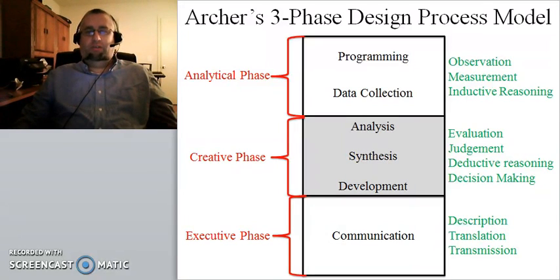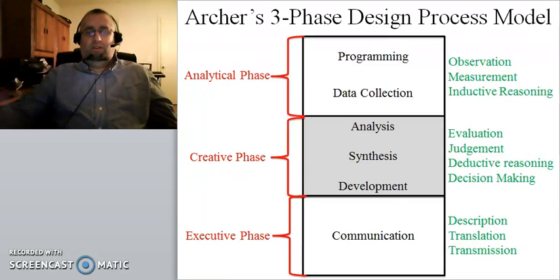This is Archer's 3-phase design process model. This one is a little bit more complex in that, like Jones before in the previous slide, Archer has essentially 3 phases: an analytical phase, a creative phase, and an executive phase.